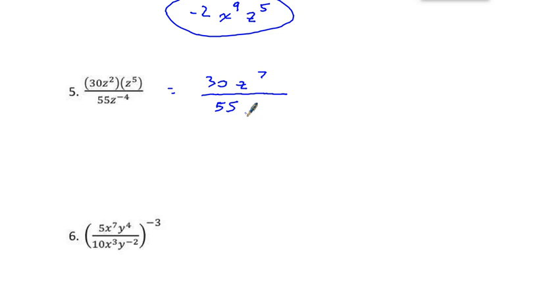That we can move to the numerator to have z to the positive 4. We simplify 30 55ths by seeing that 5 is the greatest factor that goes into both 30 and 55, and so we simplify to 6 over 11. Z to the 7th times z to the 4th is z to the 11th.